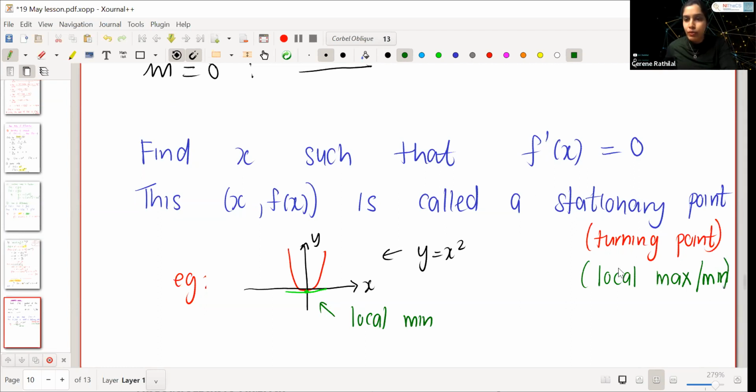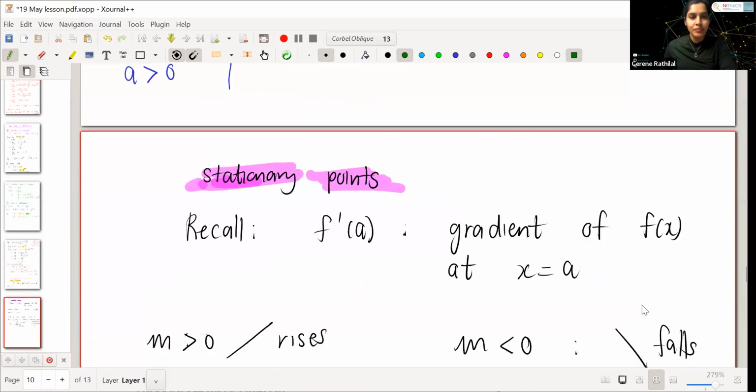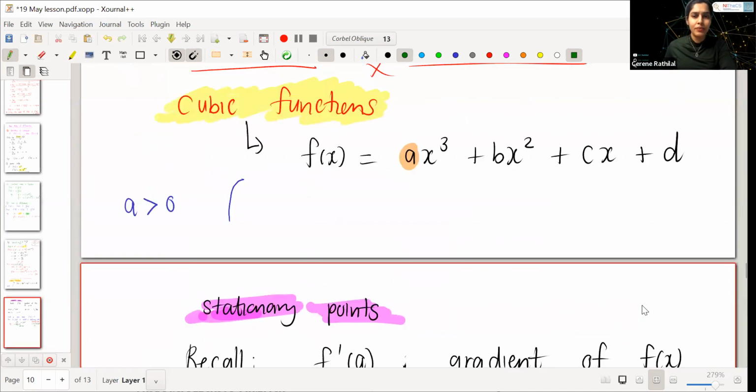So if we were talking about a local maximum, which was not drawn here, then of course that would be the turning point, and this coordinate would be called the local max. All right. So whenever we have that the a is positive, then this is the shape that you would encounter for your cubic graph.